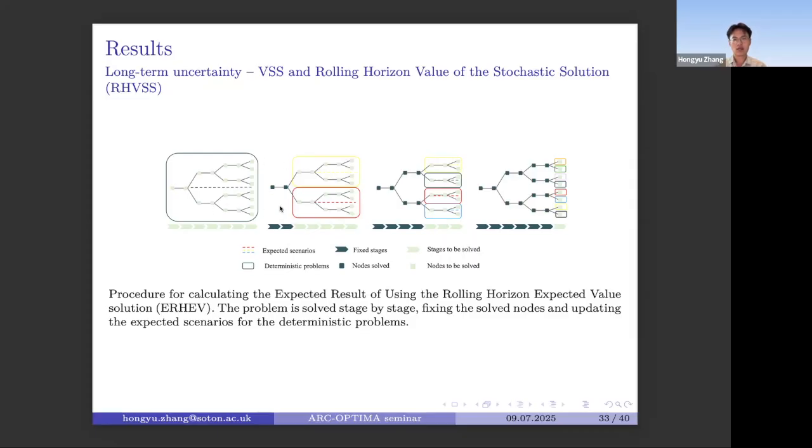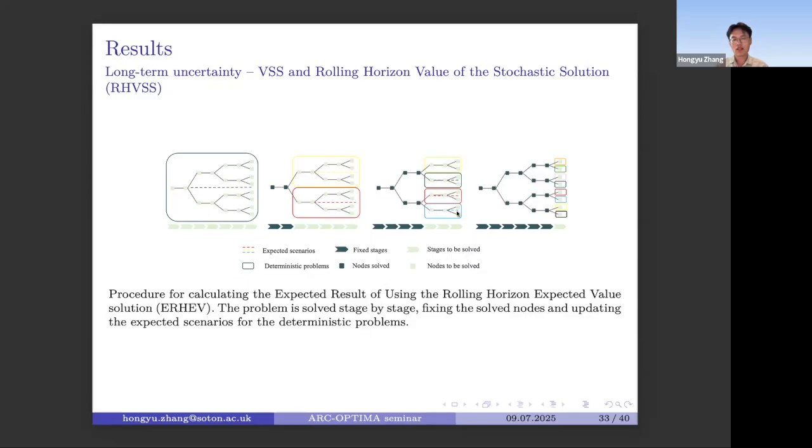Basically, for the rolling horizon VSS, you start with the whole tree and only solve the mean tree, the tree with mean values. So basically a deterministic problem, and then you get the first two stages' decisions. For the next stages you again treat them as deterministic, replacing the tree with its mean value, solve again, get the next stage decisions, and so on and so forth.